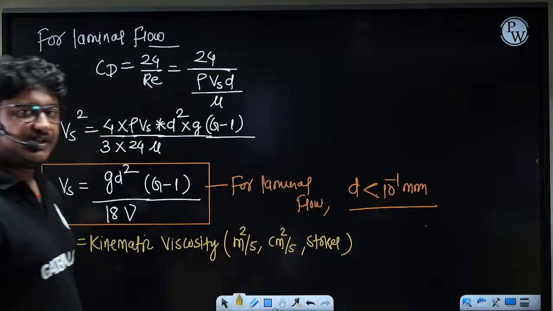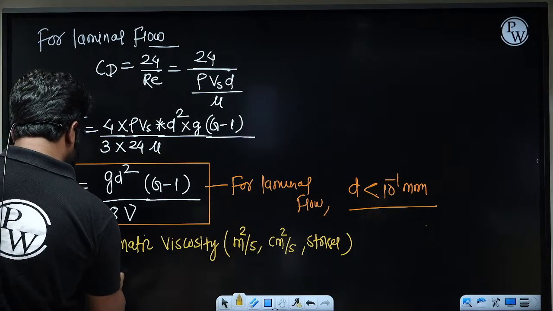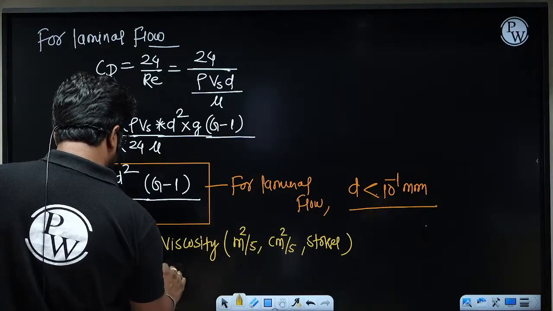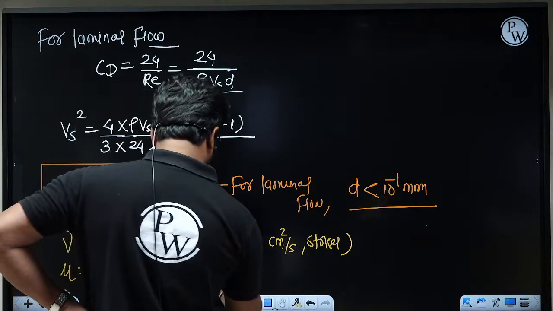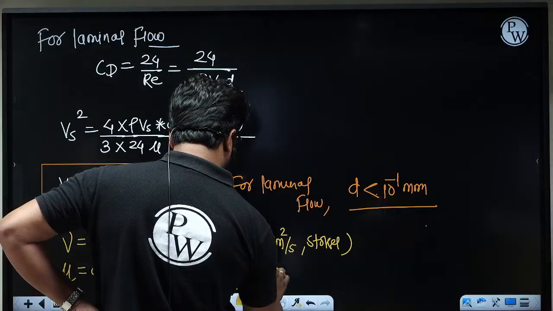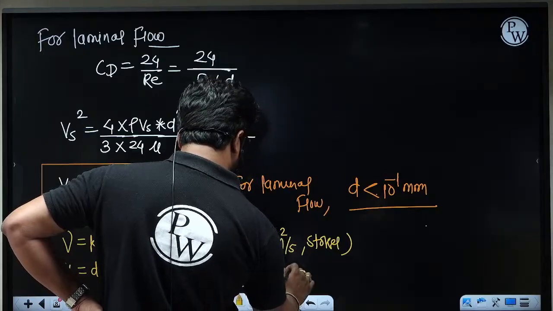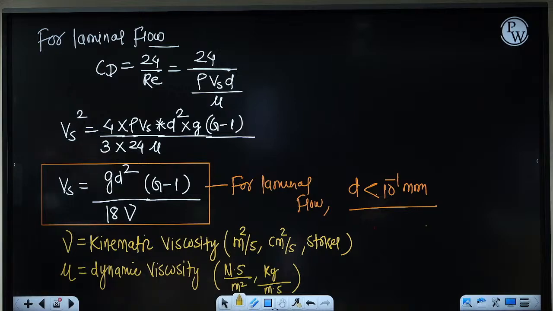So all these are units of kinematic viscosity. Mu is nothing but the dynamic viscosity. So it will be Newton second per meter square or kg per meter second.